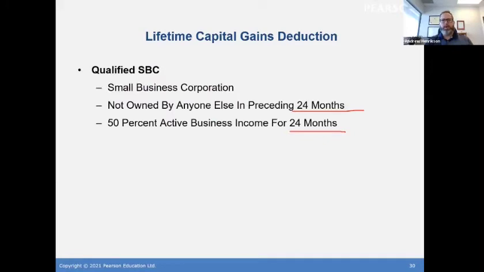And the 24 months is just to give a good space of time so that you're not taking a company that didn't qualify and converting it into one that did, at the last minute, in order to take advantage of this. So you have to operate that way for a full 2 years.